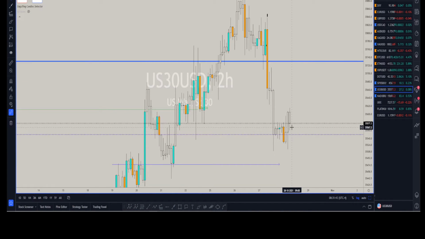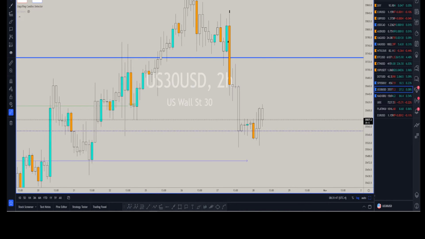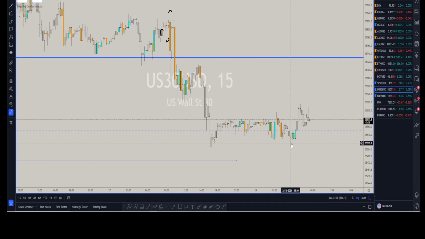See, this is a buy setup that looks decent. This one actually looks decent. Liquidity has been grabbed.